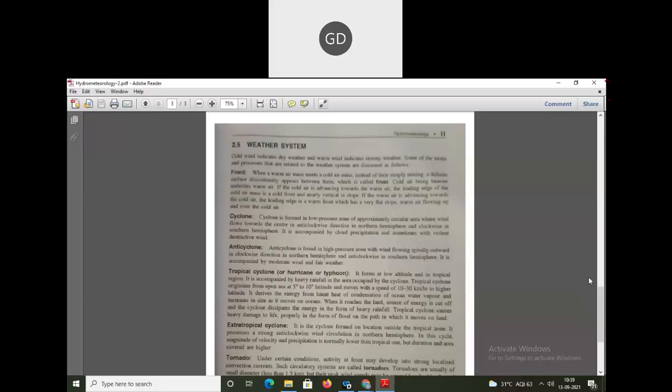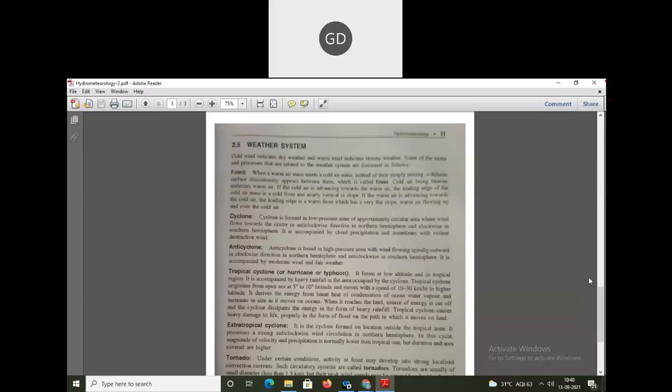The anticyclone is accompanied by moderate wind and fair weather. Not like a cyclone, which is accompanied by destructive wind and cloud precipitation. So both cyclone and anticyclone are opposite to each other.